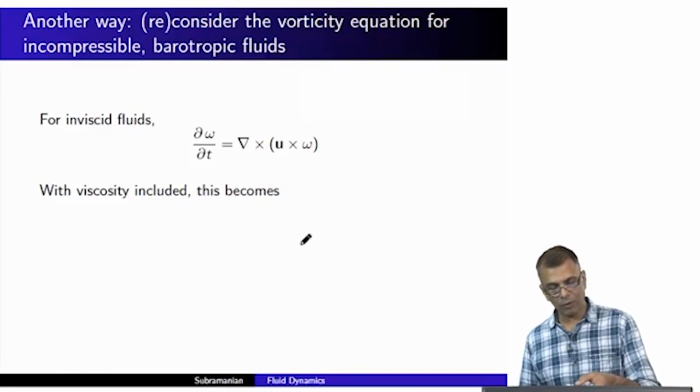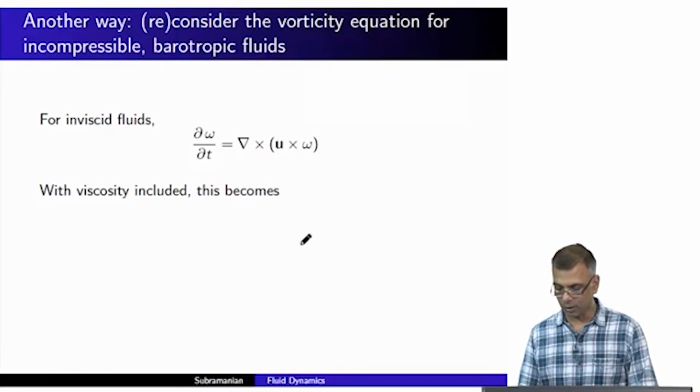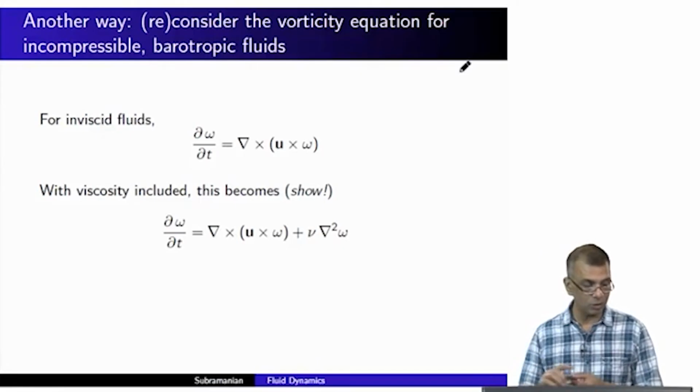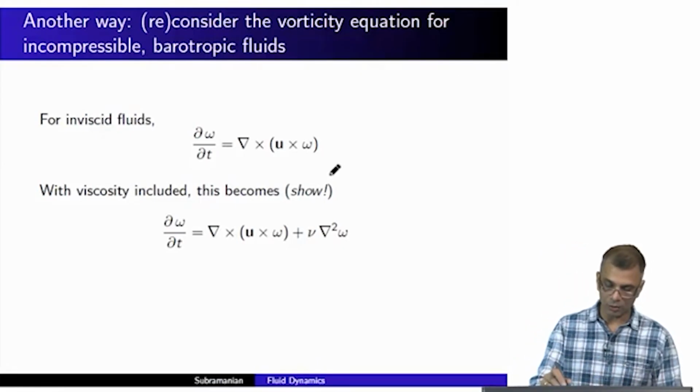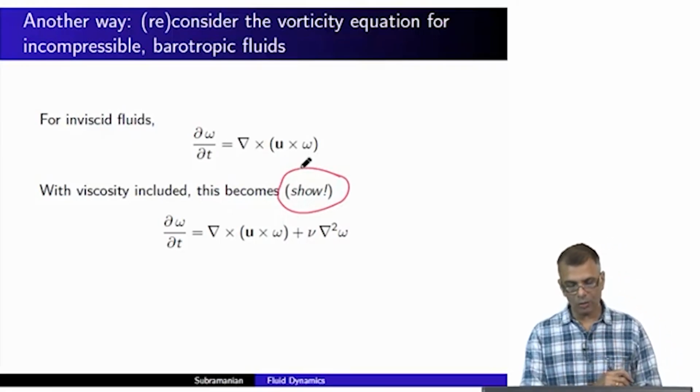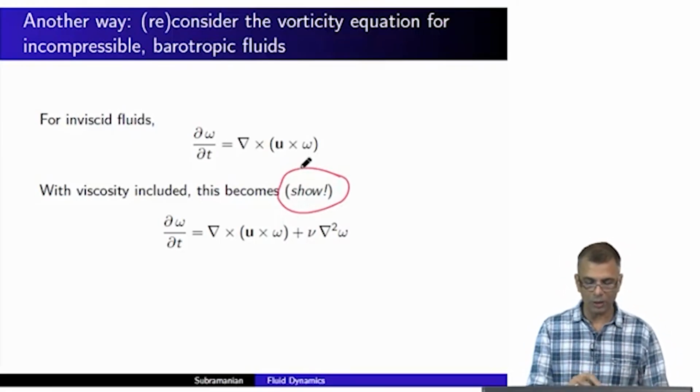Now, so this was for inviscid fluids where viscosity was not important, and with viscosity included, and I would urge you very strongly to show this, the vorticity equation with viscosity included becomes this.